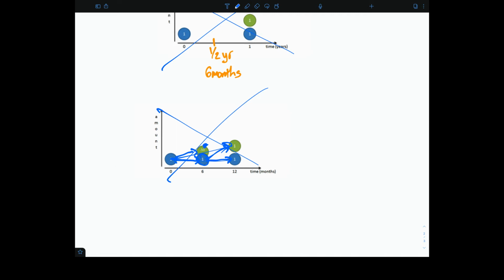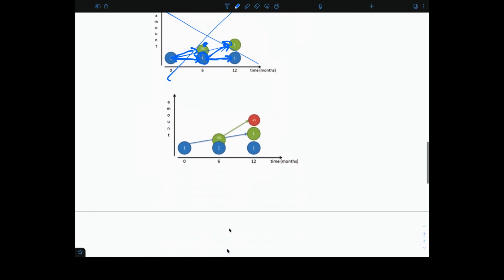So what does that become? Well, that's going to look something like this, right? Because what's happening is we took our original 1, which got doubled into being another 1, but we also doubled the 50%, which became 25%.